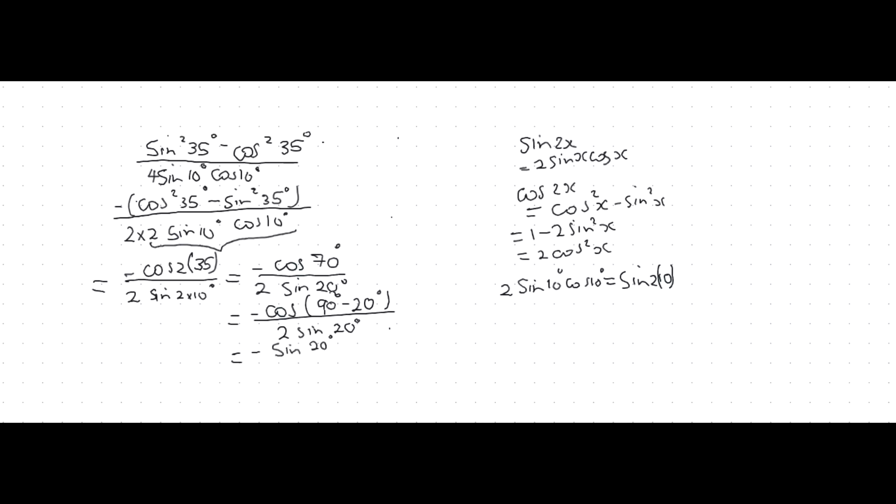So I have applied reduction here, divided by 2 sine 20 degrees. So I find myself having the same thing. I divide both sides by sine 20 because they are the same thing. Then I find myself having the answer, which is negative 1/2. Okay. Yeah, that's how you would do such a question.